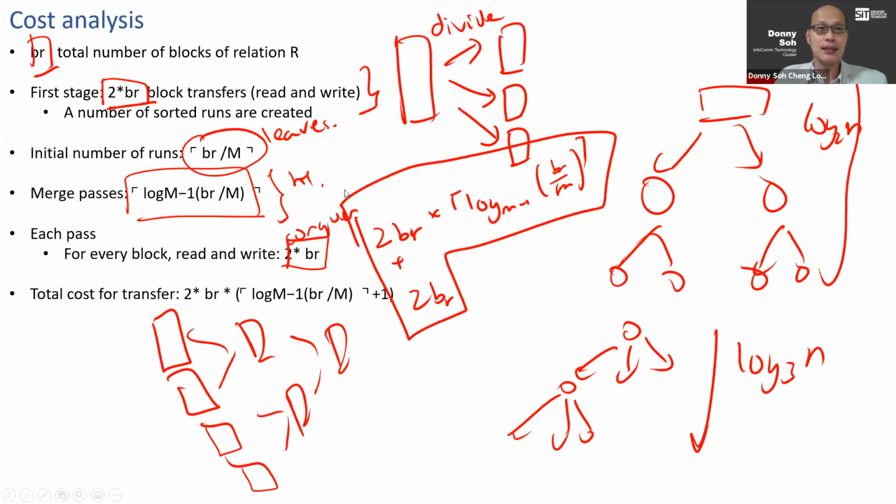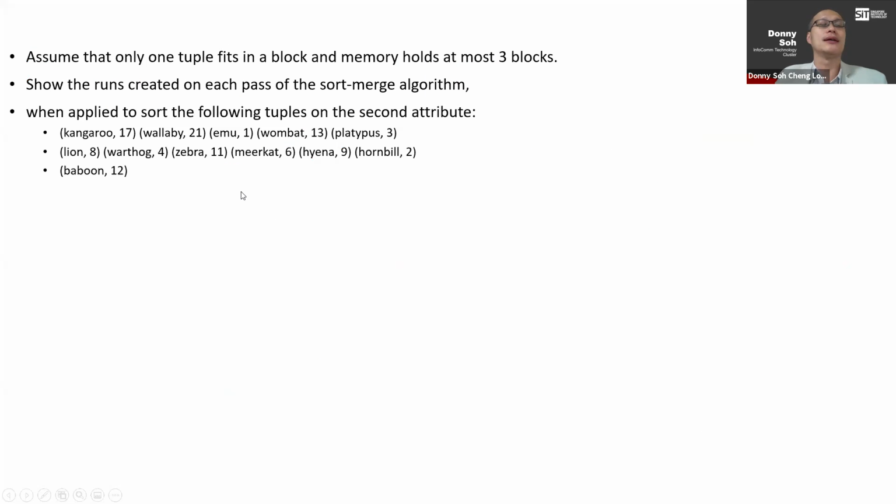We now have one question. So maybe you all try this for the next maybe 3 minutes. Yeah, so we'll be sorting based on the second attribute.